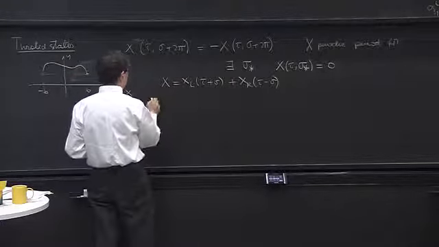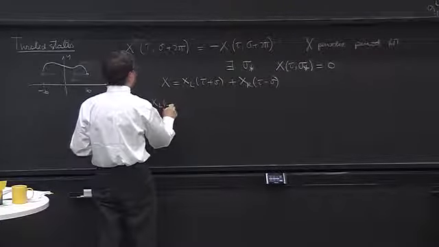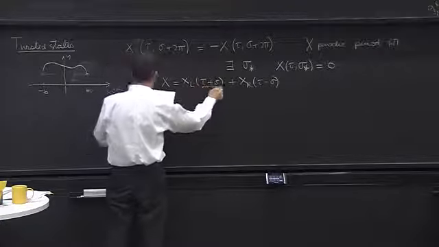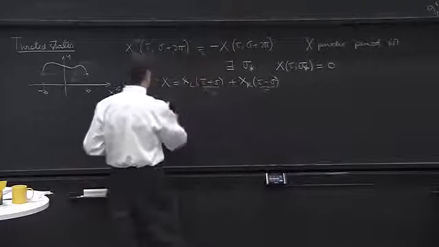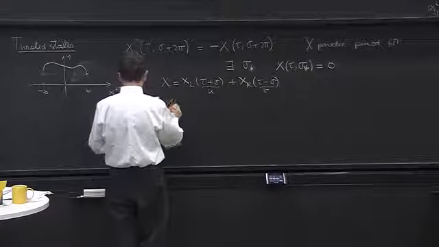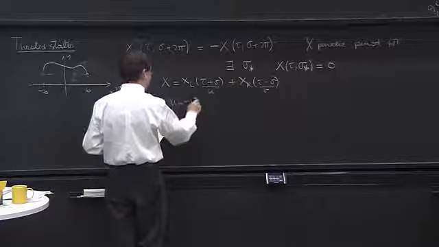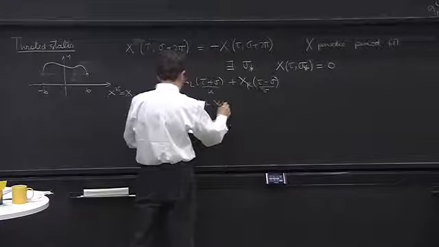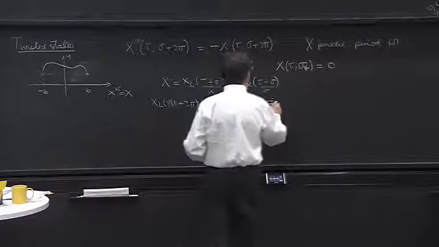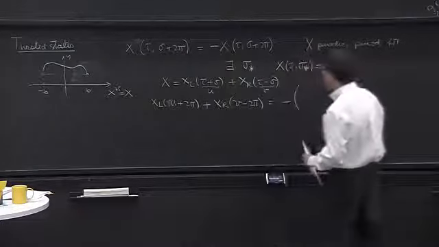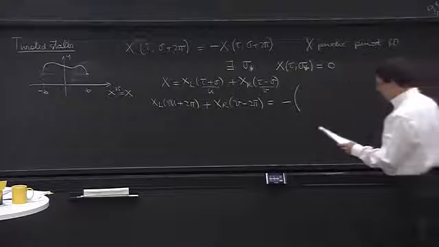I get x left of tau plus sigma, which we called u, and this we called v. So x left of u plus 2 pi plus x right of v minus 2 pi is equal to minus, this time, the original one.